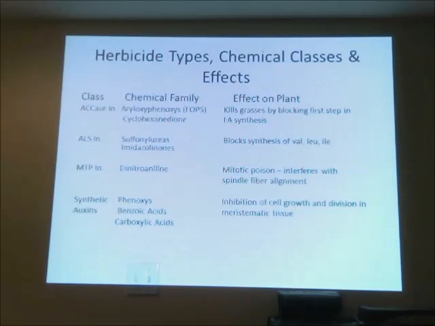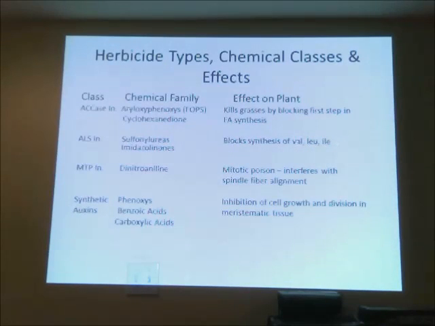So all these compounds play an important role in fatty acid synthesis and metabolism, and without these essential fatty acids, the plant cannot survive. The next category, these ALS inhibitors. ALS stands for acetolactate synthase. This is an enzyme that is involved in the biosynthesis of valine, leucine, and isoleucine.